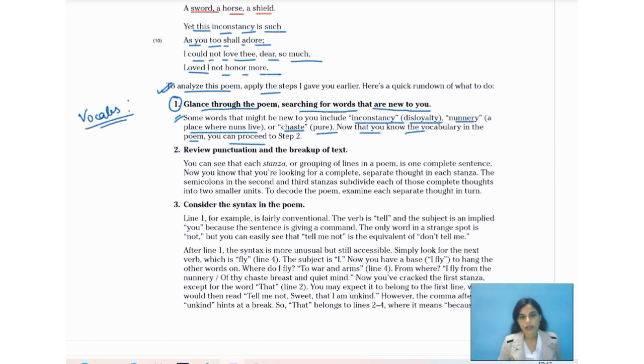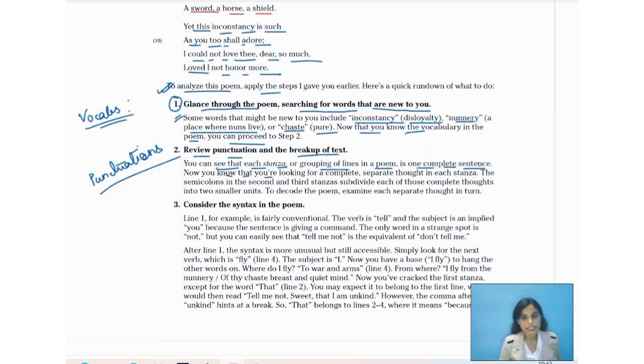Okay, the second step is to review the punctuation and the breakup of the text. So we are now looking over the punctuation in the text. You can see that each stanza or grouping of lines in a poem is one complete sentence.